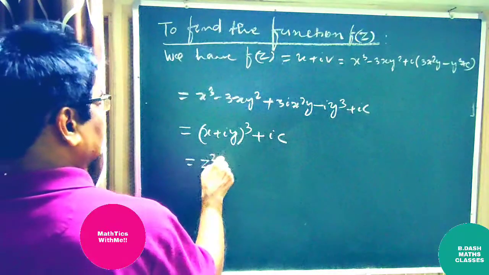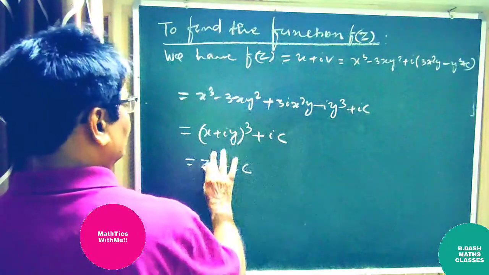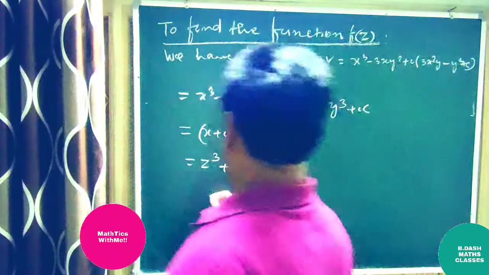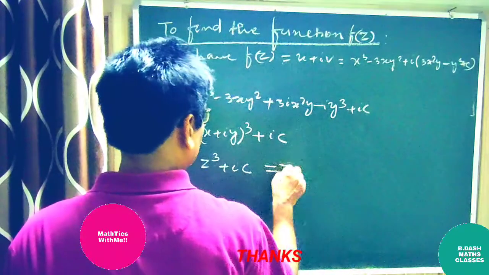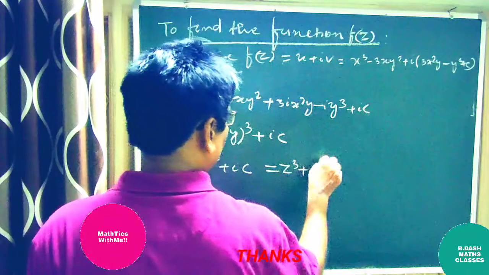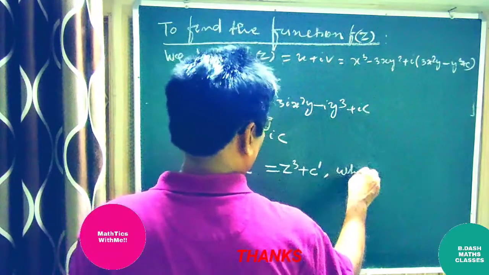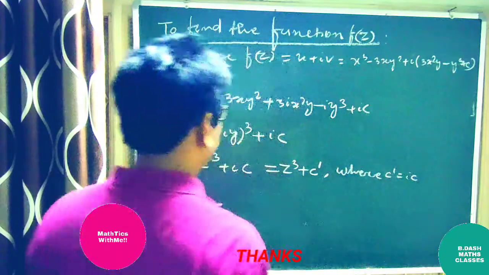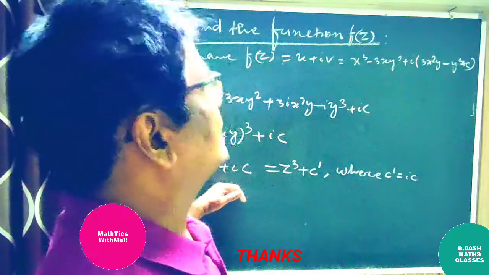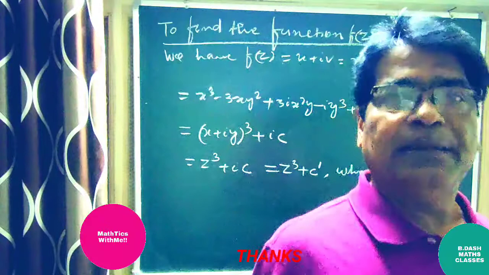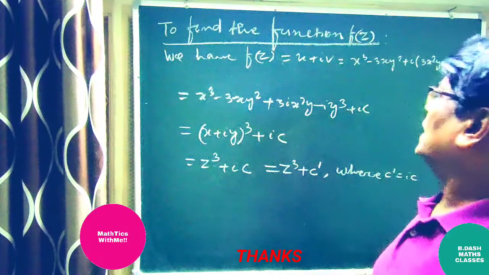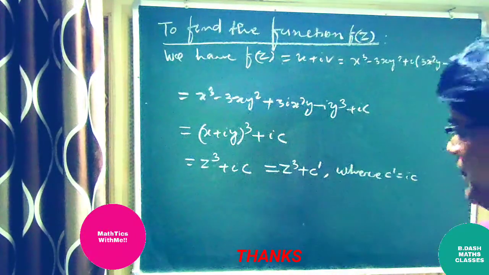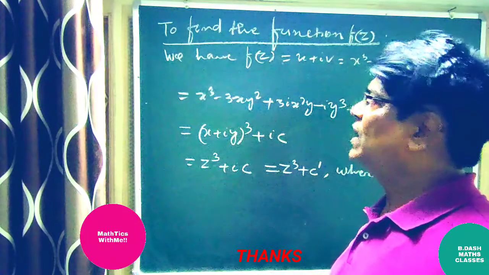This is z cube plus ic. So we can write this as z cube plus c dash, where c dash is equal to ic. So we get the corresponding function f of z, and with this the problem is solved.